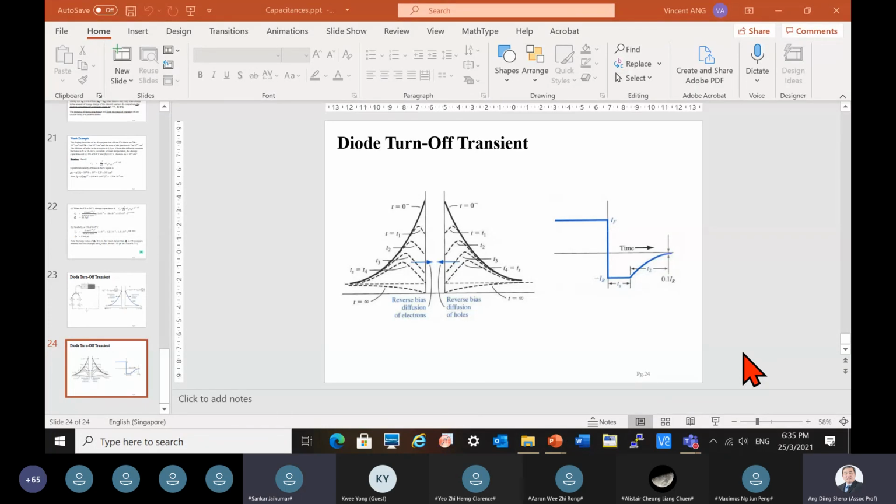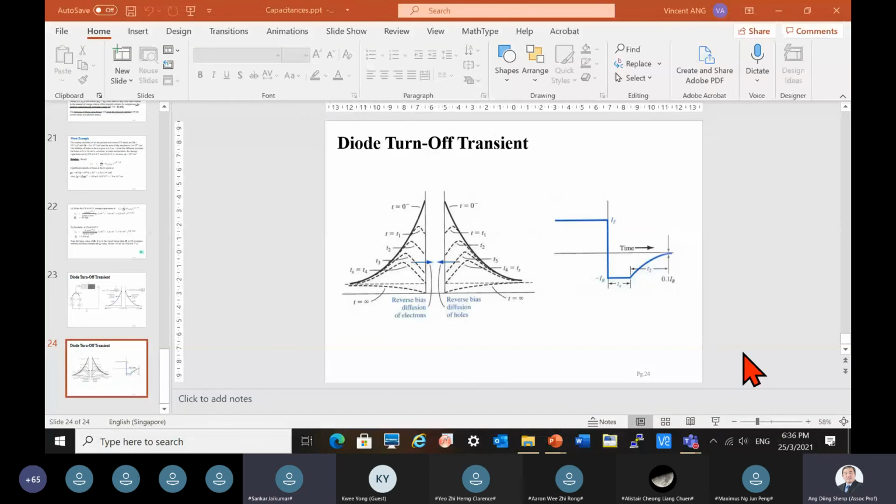In the example that we saw, turning off transient, the transient current is predominantly controlled by the storage capacitance because this capacitance is much larger compared to the junction capacitance. Of course, in principle, yes, there will be some redistribution of the charges to change the width of the space charge region required to correspond to the steady state value. But this is not significant compared to the transient related to the storage capacitance.